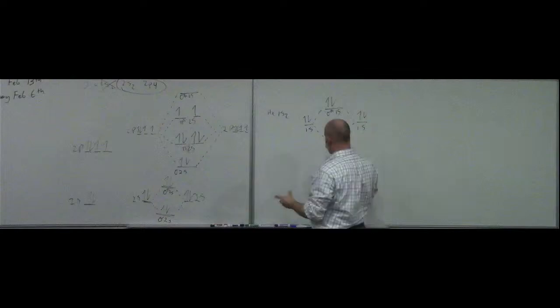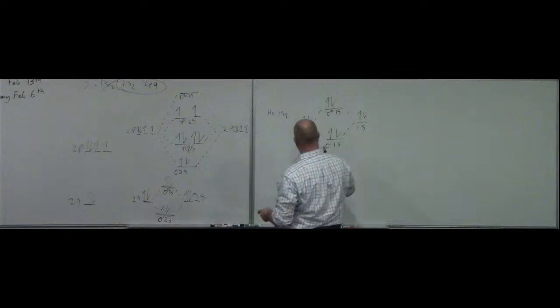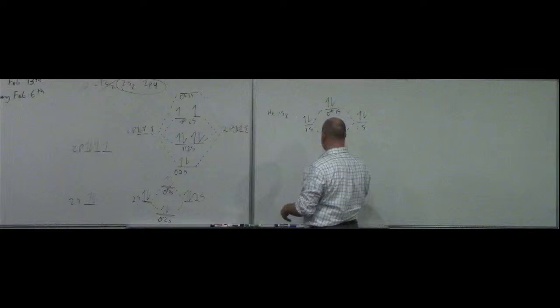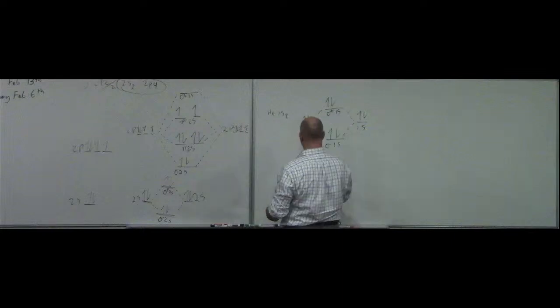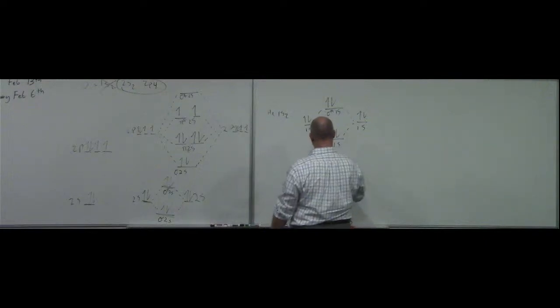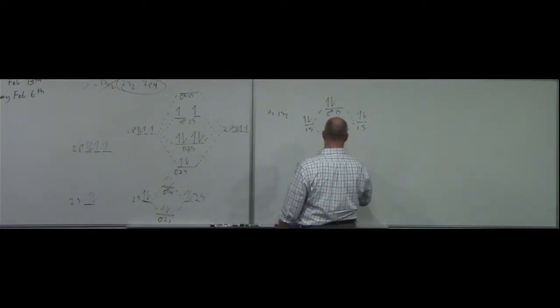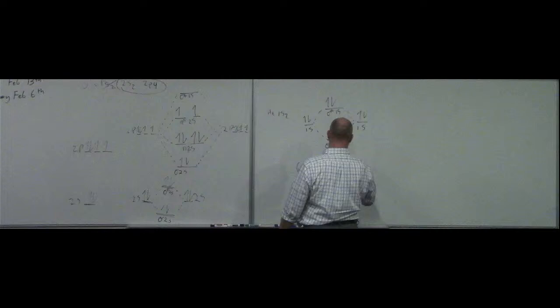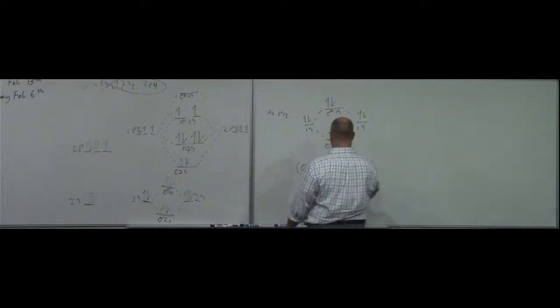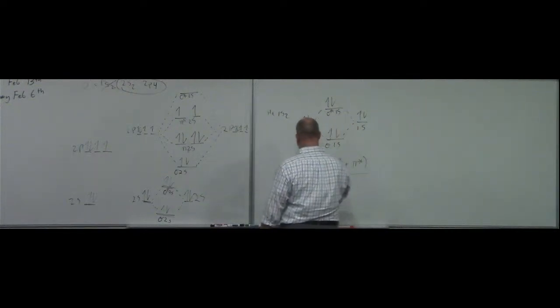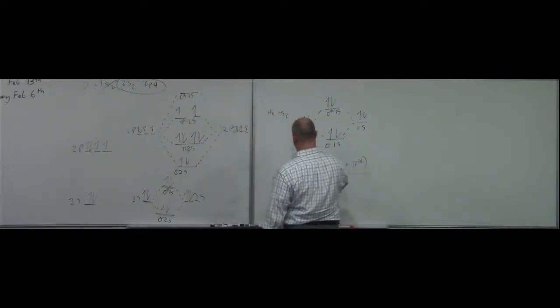To calculate bond order, you do your number of bonding electrons, right? S and P, right? Minus antibonding, sigma star and pi star, right? Okay, and then I divide that by 2.